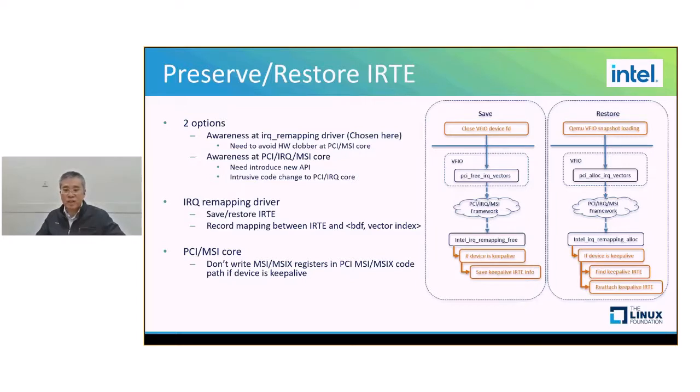Instead, we save the IRTE aside. We also record the mapping between the IRTE and the IRQ vector index within the device so that they can be reconnected when the device IRQ vector index is reset up. In this way, we can introduce less intrusive code change for all the involved layers.